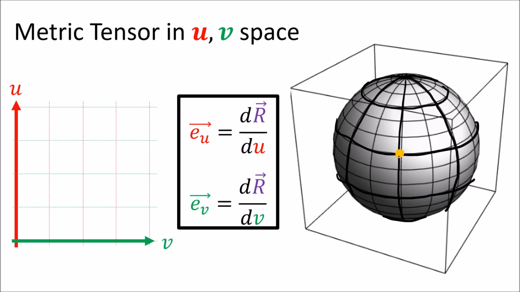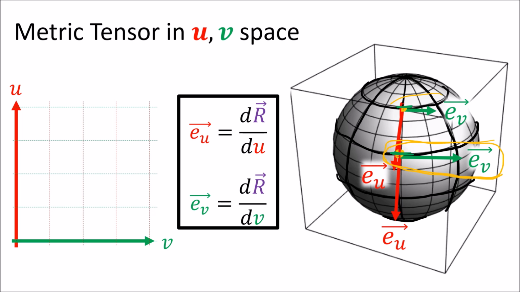So at this point, the tangent vector along the U curve would look like this, and the tangent vector along the V curve would look like this. And at this point up here, the U tangent vector would be this, and the V tangent vector would be this. So notice how the basis vectors can sometimes change size depending on where we are on the surface.